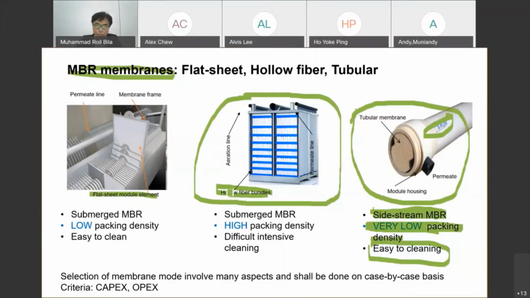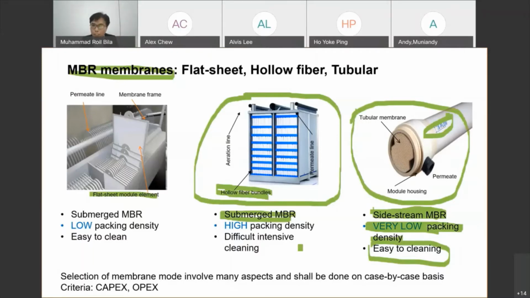The hollow fiber membrane is used in the submerged configuration. It has the characteristic of very high packing density. So what is the packing density? It is basically the total area of the membrane mounted in the module divided by the total volume occupied by the modules.